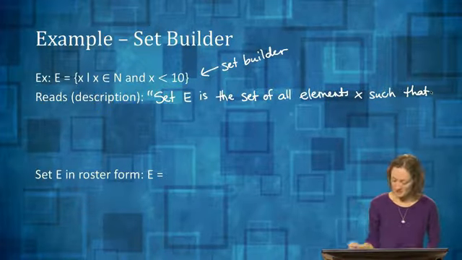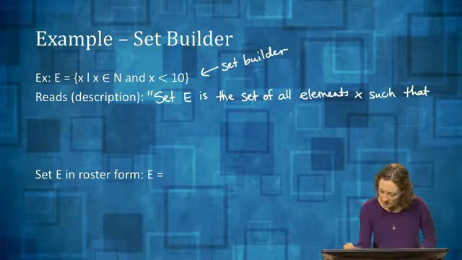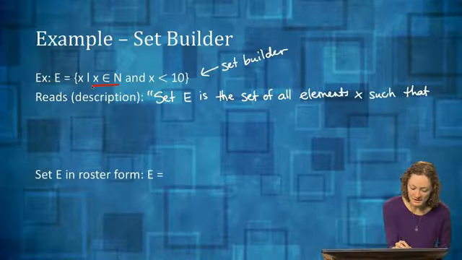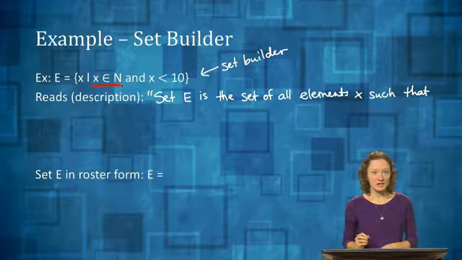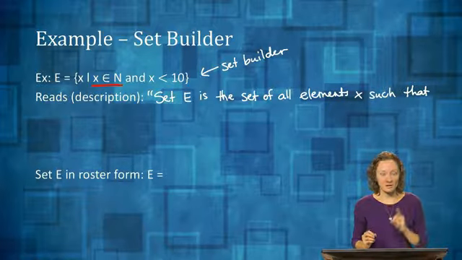What are the conditions? Let's write them in some colors here. So the first one we'll write in red. The first condition, do a direct translation of it: X is an element of the natural numbers.